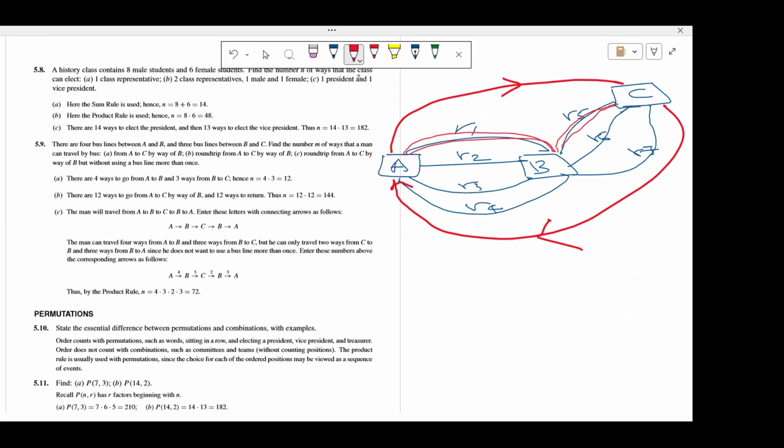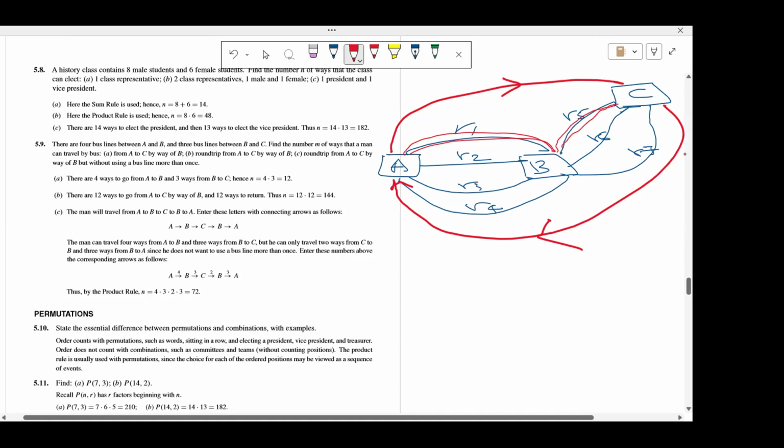But in the third question, what are they telling, right? Round trip from A to C by way of B, but without using the bus line more than one time. It means if you are moving from A to B through R1, you cannot use the same line while you are returning, right?